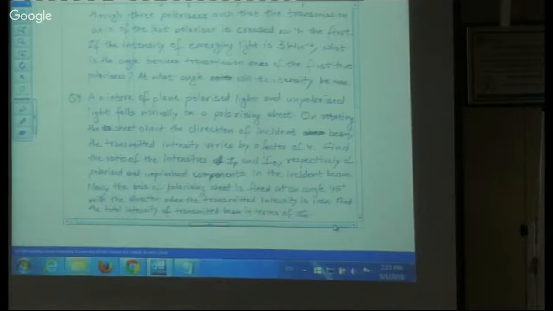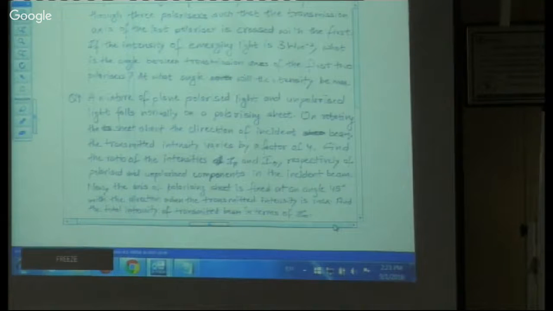The question says the incident light is polarized plus unpolarized, and we have sent it onto a polarizing sheet. We may call it a polarizer. This is the polarizer.